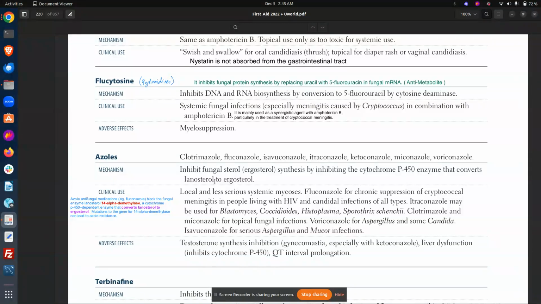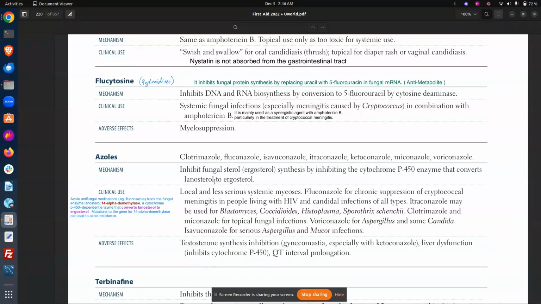Okay. Now, the second side effect is hepatotoxicity. They can cause liver dysfunction because they are strong inhibitors of cytochrome P450. Azoles are strong inhibitors of cytochrome P450. The third side effect is the cardiac side effect, which is that they cause QT prolongation. These three side effects are very high yield. Always remember these three adverse effects related to azoles.